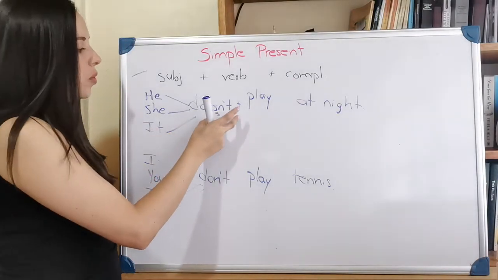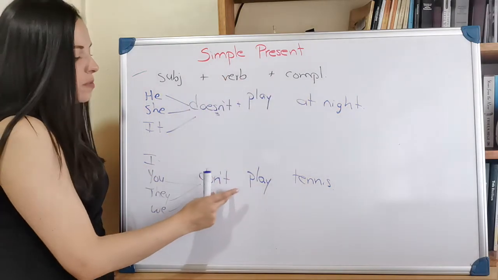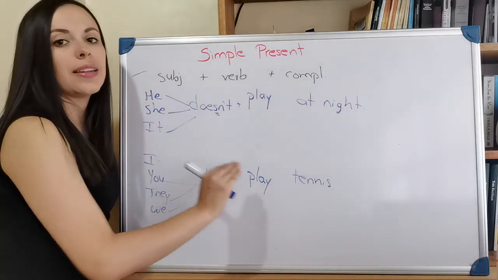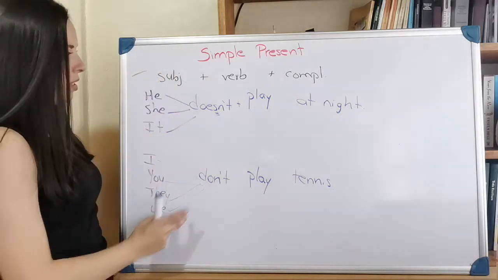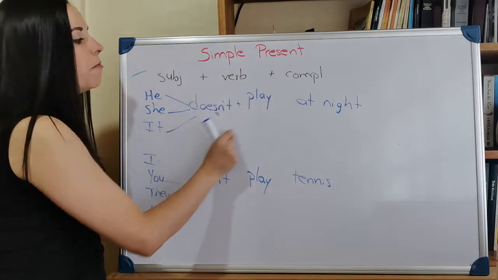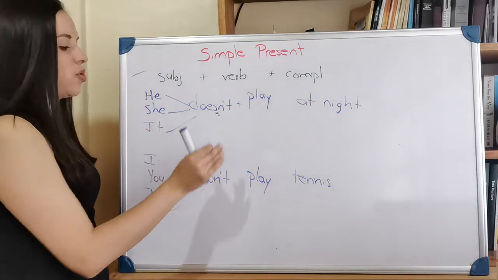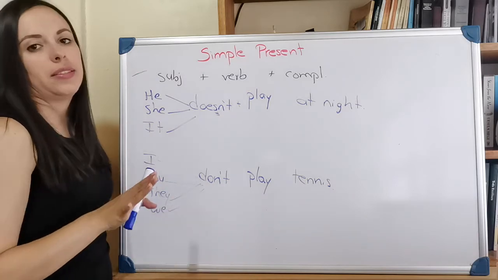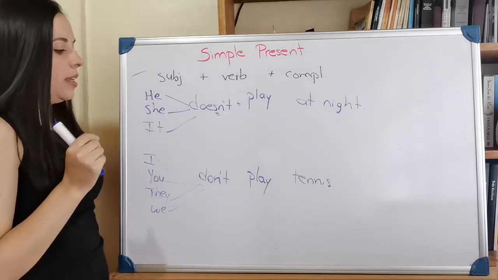So we use this particle to make the sentence negative, and we use this particle to make this sentence negative. Both of them keep the same structure, subjects, verbs, and complements, but right before the verb, we add doesn't or don't. And that's it. Okay, that's all you need to make the sentence negative.